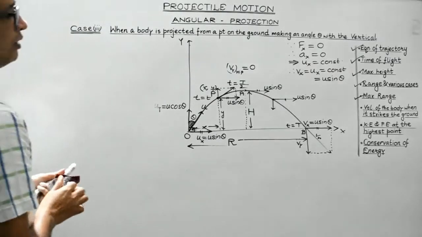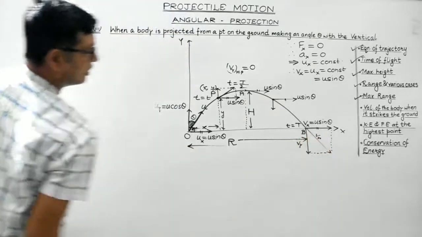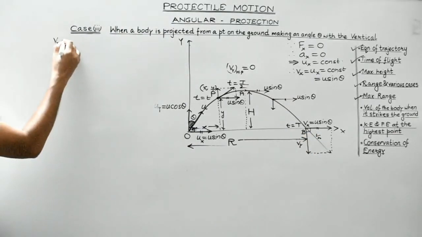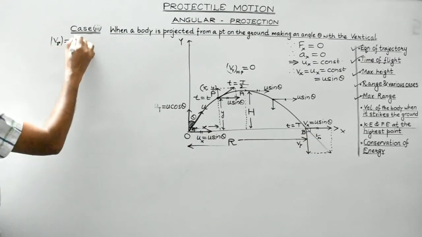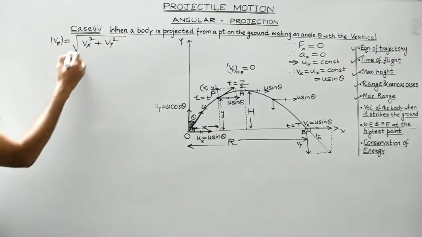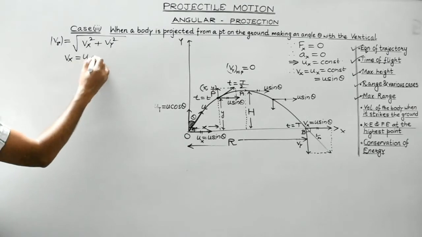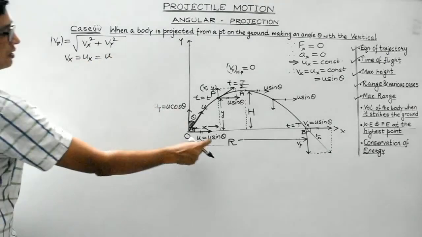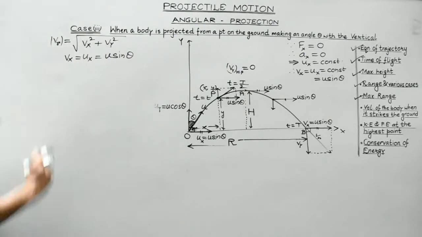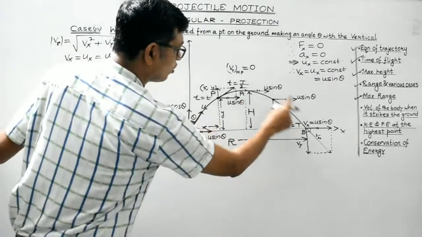So here, as we are aware, these two are at right angle to each other. So the resultant velocity in magnitude would be definitely given by square root of Vx square plus Vy square. Vx we are aware, it is equal to Ux, it won't change, it will remain constant, it is u sin theta. Now in order to find Vy, we need to consider motion from O to B.